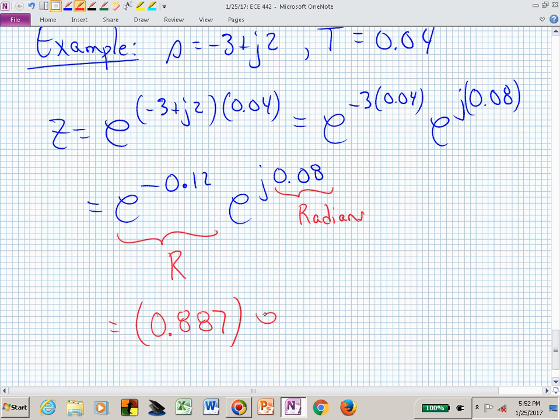And if you converted 0.08 radians into degrees, what would that be? What is a tenth of a radian? Or what's a radian? 2 pi radians make what? A circle.